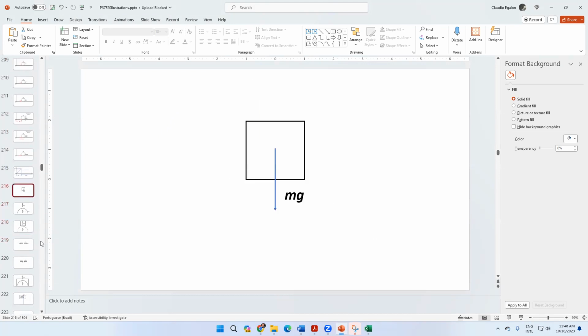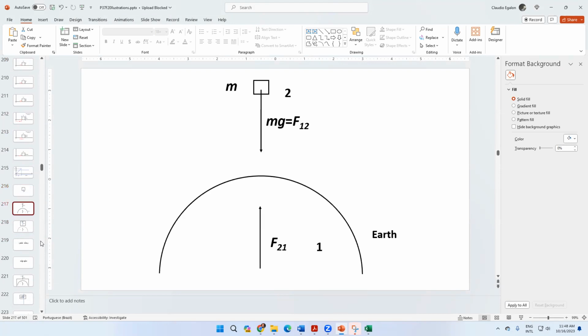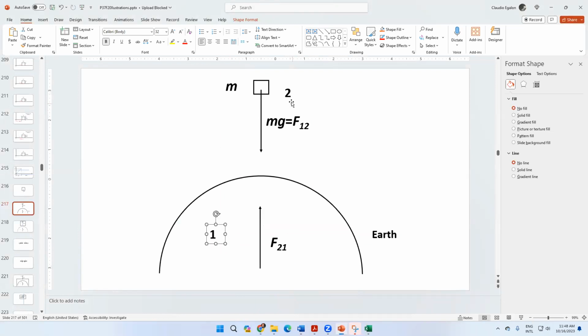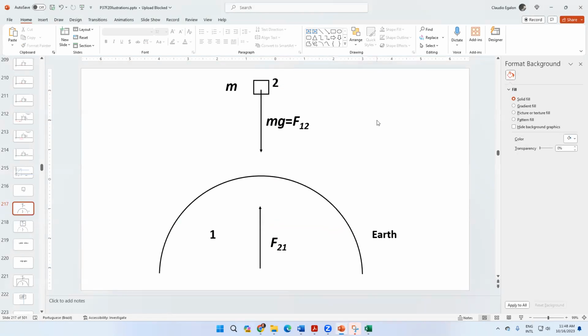Here you go. It's the case of a mass hanging there, in free fall. What does it exactly mean? It means that the Earth is pulling the object towards its center. If I call the Earth object number one and the mass object number two, here is the force that the Earth exerts on the object.